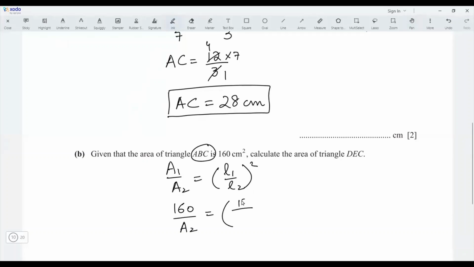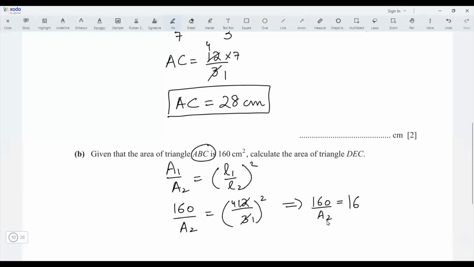So 12, and L2 is 3. So 12 by 3 is 4. You can simplify because both have the same power, so we can cut it down in the brackets. You don't have to be confused by it. Okay, so 160 over A2 equals 4 squared, which is 16.